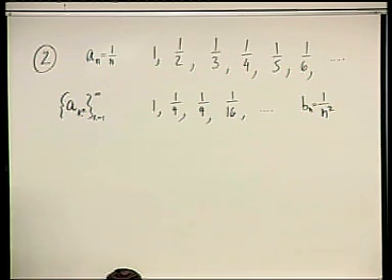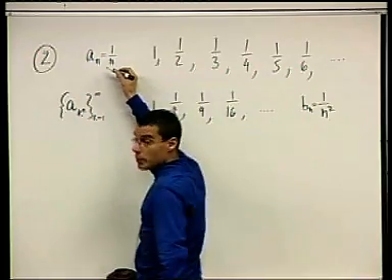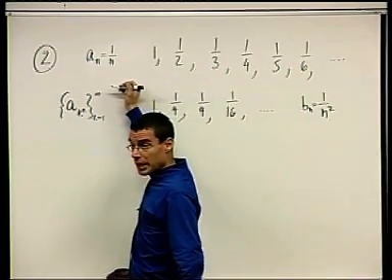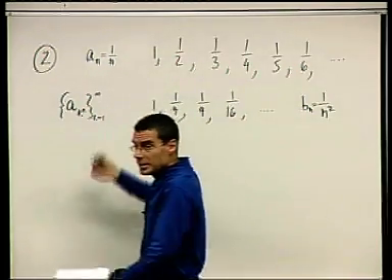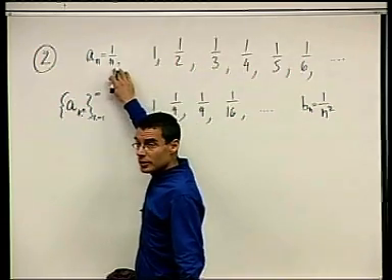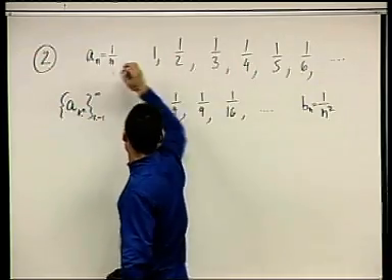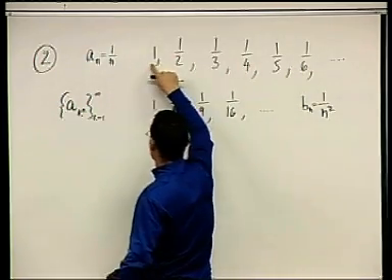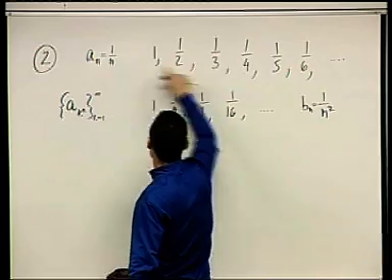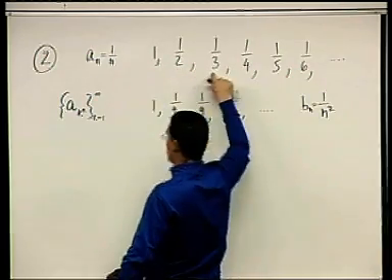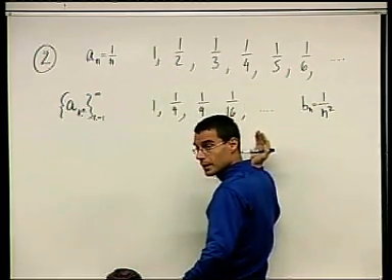Well, when we write a sequence, when we write an equals 1 over n, how do we get the elements? We plug in n's. We plug in 1, we plug in 2, we plug in 3. So saying that this is the formula is saying you plug in 1, you get the first element. You plug in 2, you get the second element. You plug in 3, you get the third element, and so on.